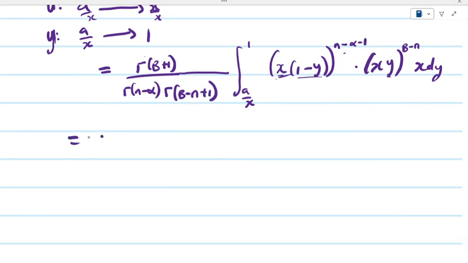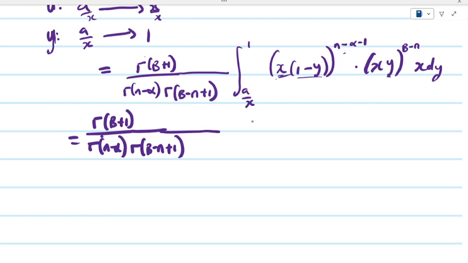So we have gamma(beta plus 1) rather, gamma(b plus 1) over gamma(n minus alpha) gamma(b minus n plus 1). Then since we are integrating with respect to y, we are going to bring out our x terms outside because they are constants.